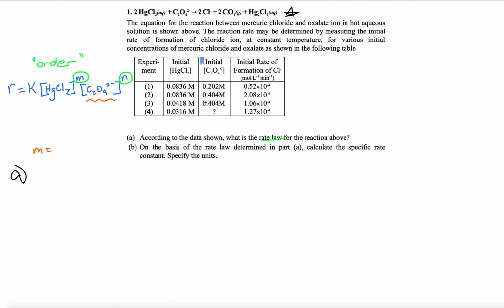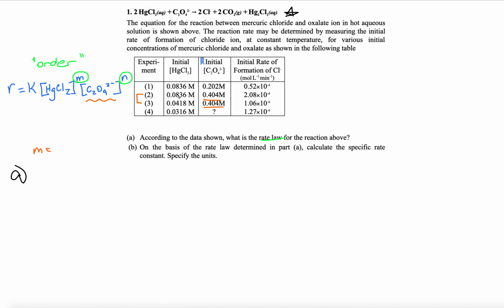And I can see that the only 2 experiments that have equal concentrations of the oxalate ion, which is C2O4 2 minus, are experiments 2 and 3. Because it's 0.404 and 0.404 molar. Those 2 are equal, so when I do 0.404 divided by 0.404, I'm just going to get 1, and that'll be perfect.